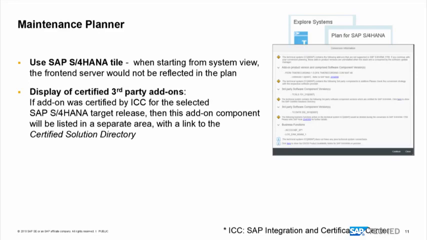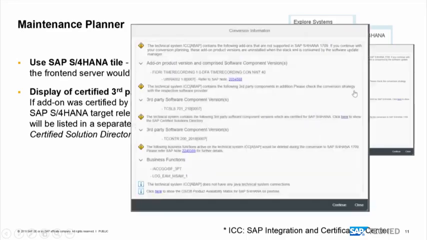But at least there are some add-ons that have been certified by the ICC, the Integration and Certification Center, and those add-ons get a separate entry in the list in here. This text reads, check the SAP Certified Solution Directory for this add-on. So for SAP add-ons, the maintenance planner knows the status, whether there is a version supported for the target release 1909, for example.